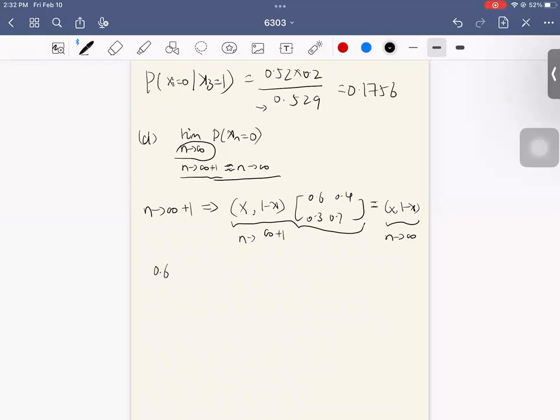Then we get this. Then it's simple math, so we can calculate x is equal to 3 divided by 7. So we can say the probability of xn equal to 0, when n approaches infinity, is 3 divided by 7.